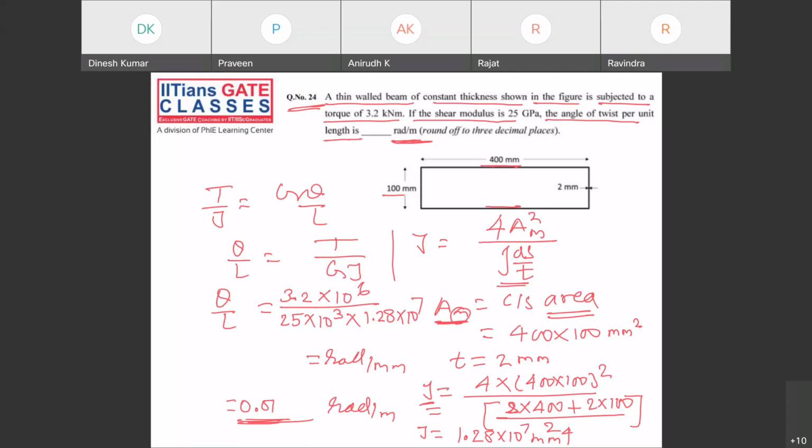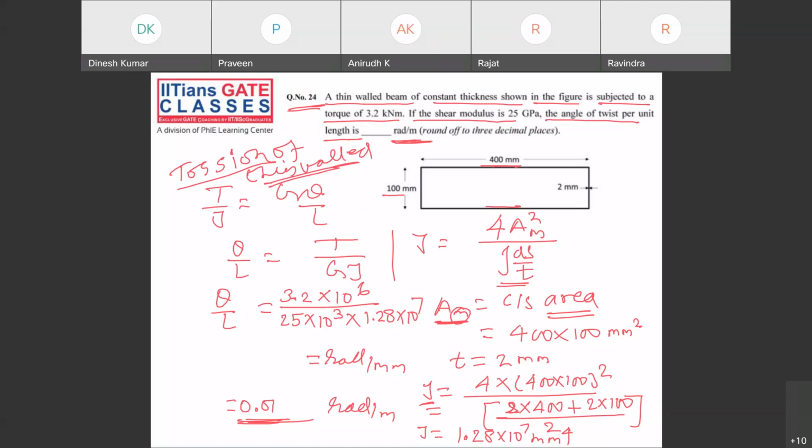And one more thing I want to tell you guys. This is the simplest topic in thin walled structure, torsion of thin walled structure. So guys, do not miss learning this topic. If any question comes from torsion of thin walled, you should not make a mistake.